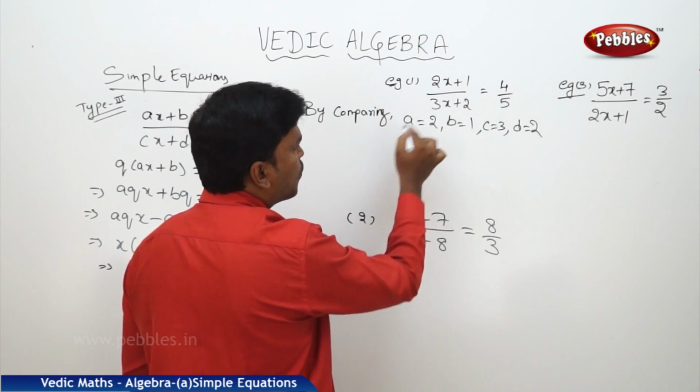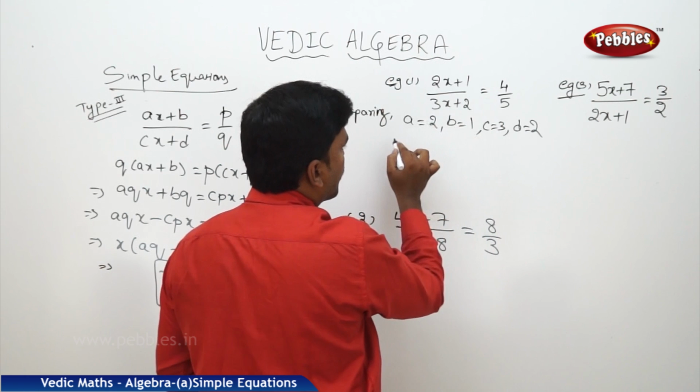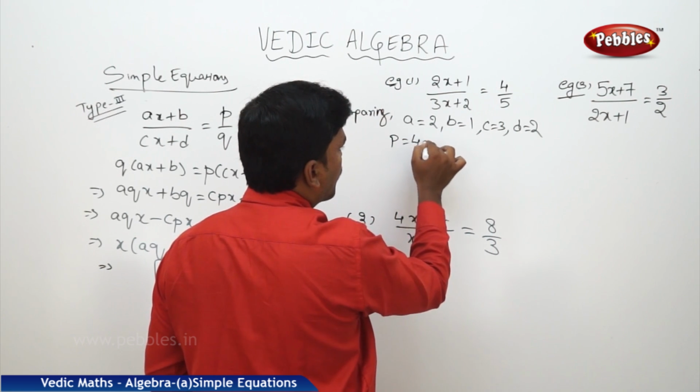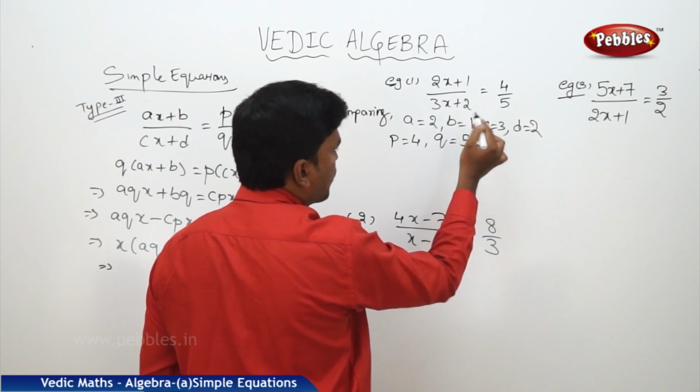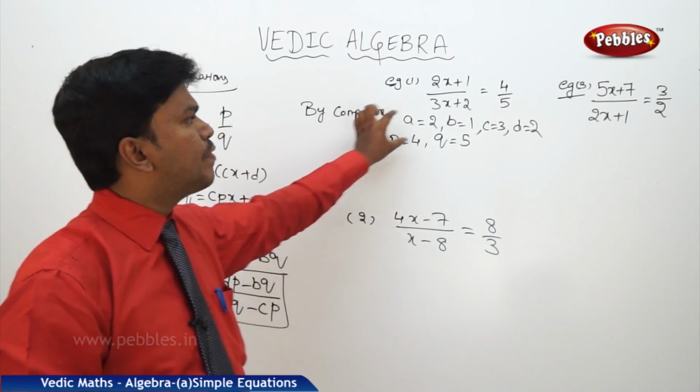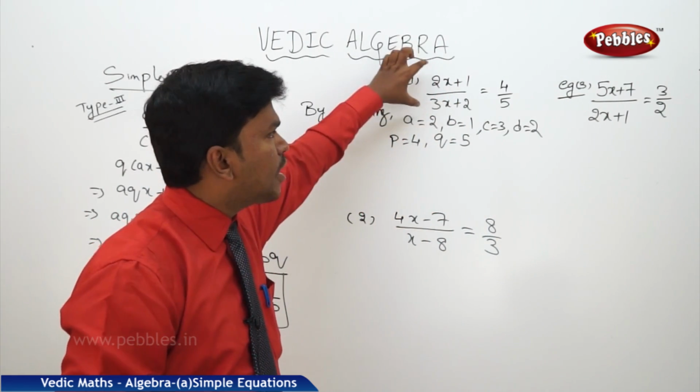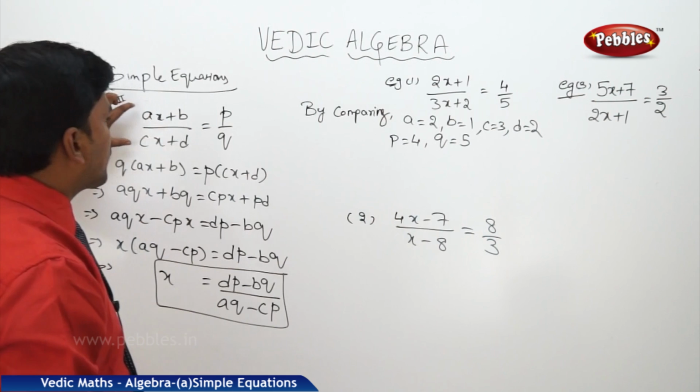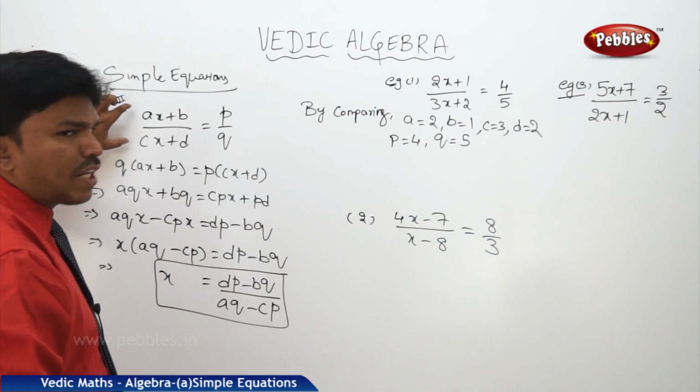What about P and Q? P and Q is nothing but P by Q here. So, P equal to 4 and Q equal to 5. So, these are the values which we got by comparing the equation with the standard form of the equation. A value 2, B value 1.